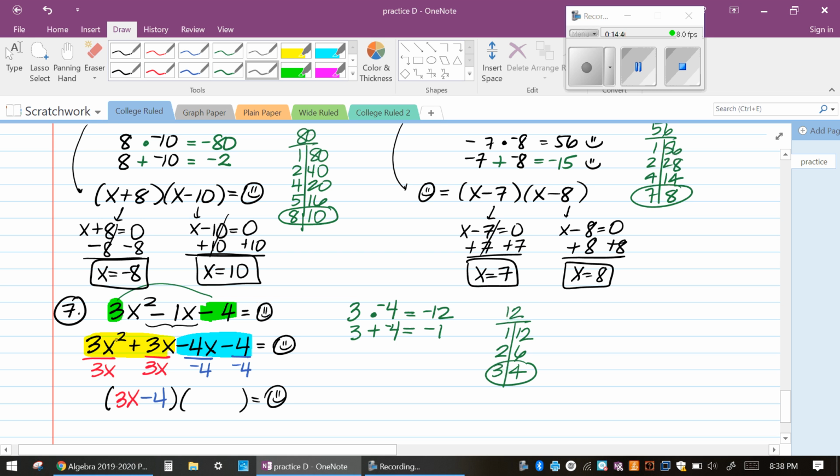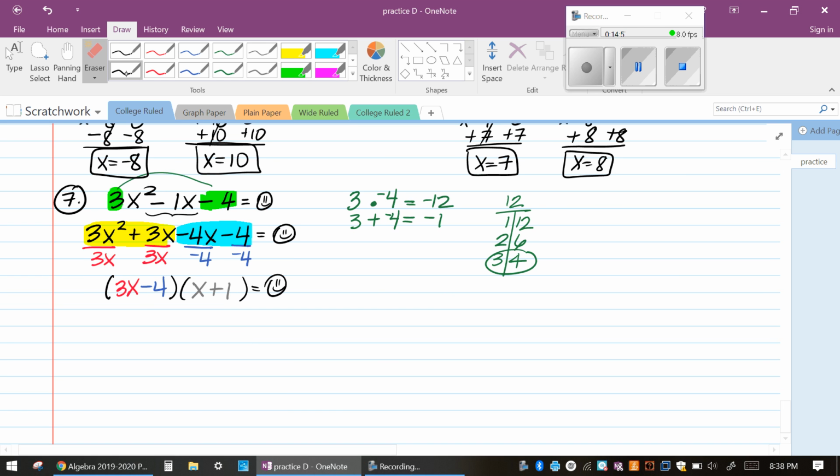And then if I divide the remainders, 3x squared divided by 3x is 1x. 3x divided by 3x is 1. That's what goes in the second binomial. Set each one of those equal to 0.